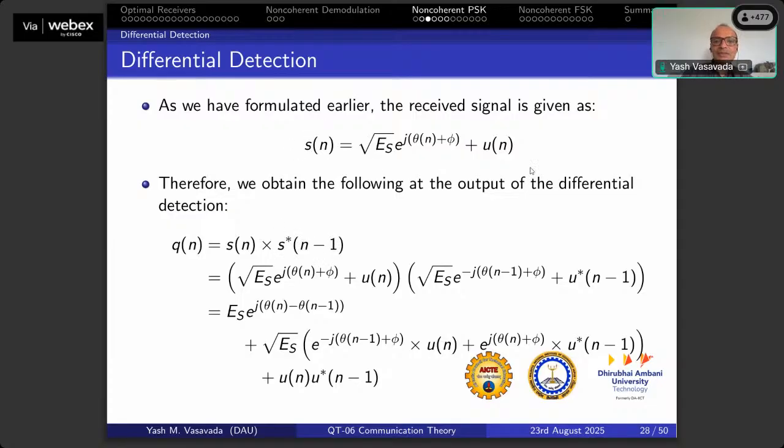Remember, S of n, we wrote it like this on the previous slide. So S of n times S conjugate of n minus 1: the first term will be ES e to the power j theta n minus theta n minus 1. This phi part got cancelled out because of the complex conjugation.